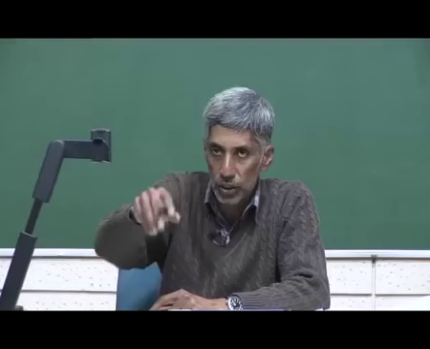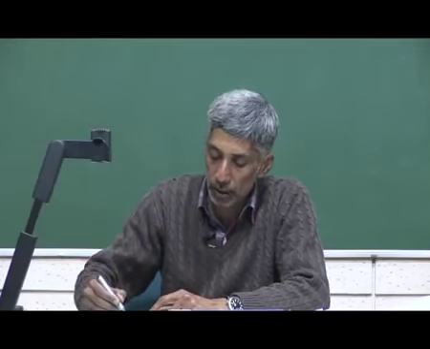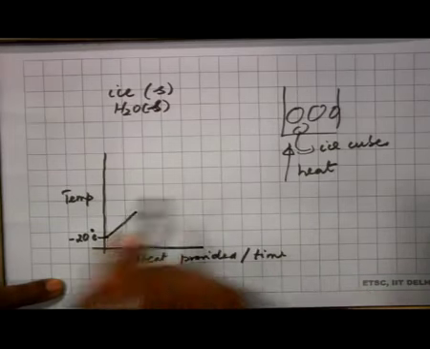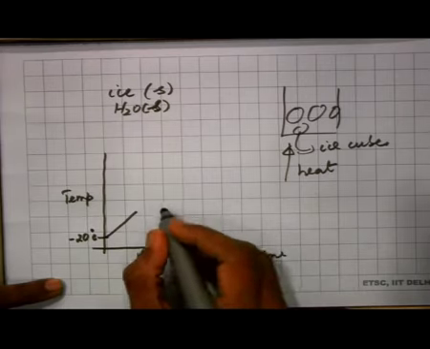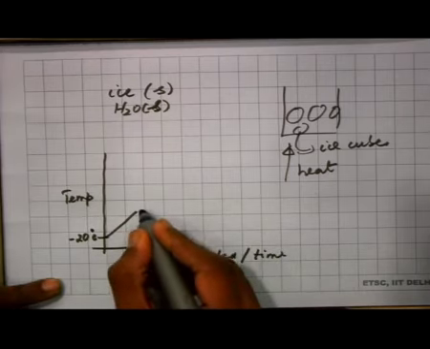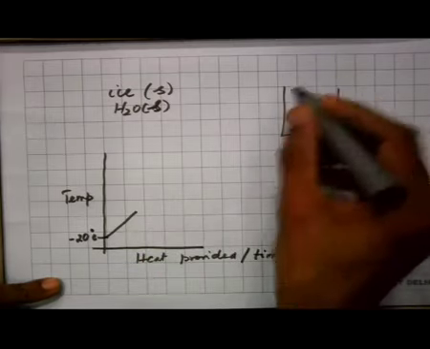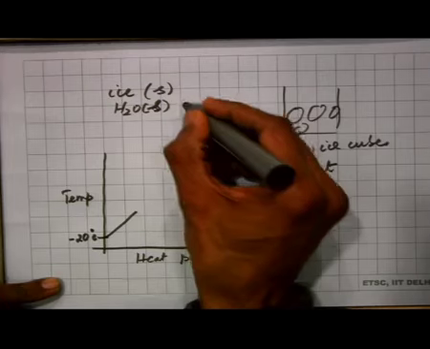You can put it into a kitchen flame or a Bunsen burner or something like that, and the temperature starts to rise. The temperature starts to rise up to a point where ice solid, or water solid, undergoes a change to water liquid.